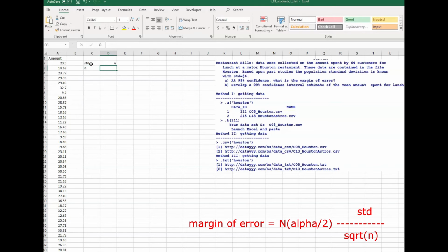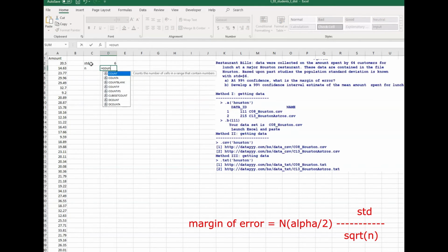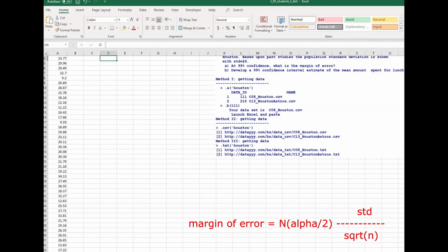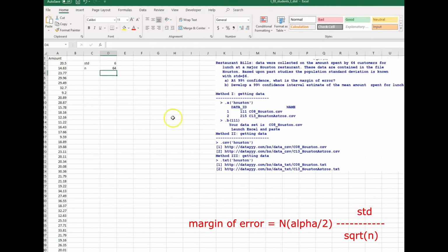The first thing we use is count. We count how many observations we have. Control Shift down arrow. In total, we have 64. So this matches the problem: restaurant bills, data were collected on the amount spent by 64 customers for lunch at a major Houston restaurant.